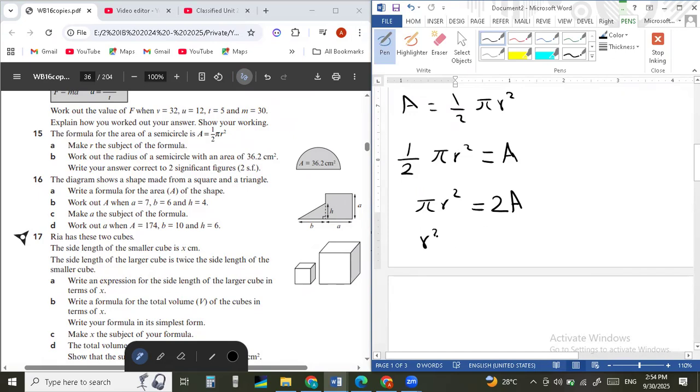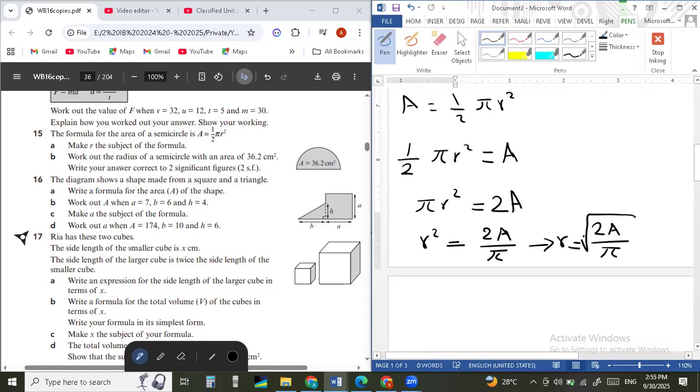So r squared equals 2A over pi. Okay, mister, but they need r to be the subject of the formula, not r squared. No problem. It's a square, so I need to send it there, square root. So r equals the square root of 2A over pi, with everything square rooted.